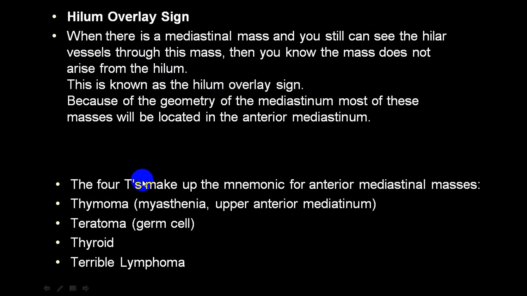There are 4 T which make anterior mediastinal mass: thymus tumors, teratomas, thyroid gland, we call thyroid goiter, and terrible lymphomas. So 4 T. Any one of these can produce hilar overlay sign.